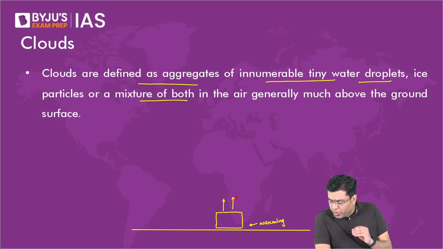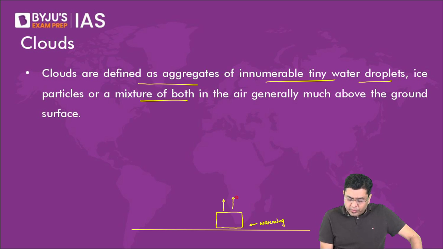It can happen anywhere where there is heating. So as the air rises up, what will be the change in temperature? Will the air heat up or will the air cool down? It cools down. Good. So the air cools down.